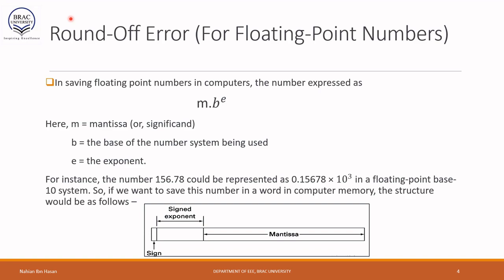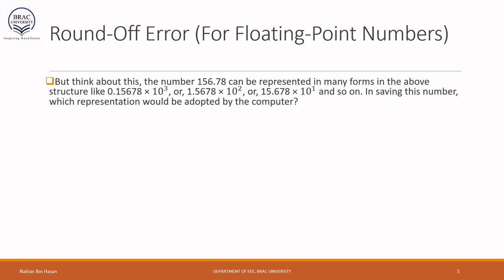But there is a problem here. What is the problem? Look at the number 156.78. There could be an infinite number of representations using this kind of representation criteria. That means the mantissa could be different. For example, 156.78 could also be written as 0.15678 times 10 cubed, or 1.5678 times 10 squared, or 15.678 times 10 to the power 1.